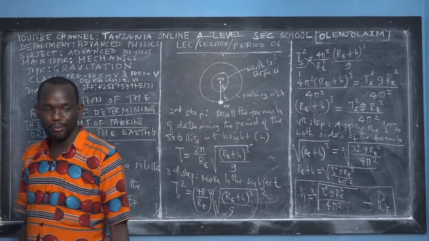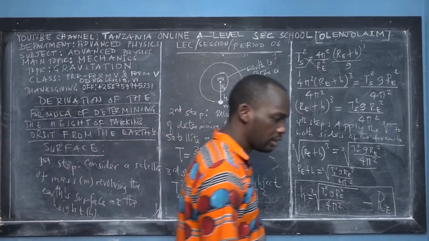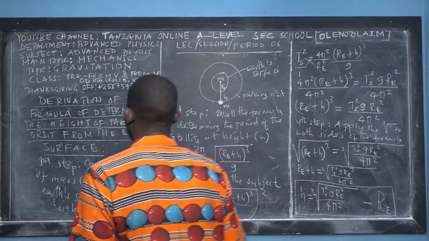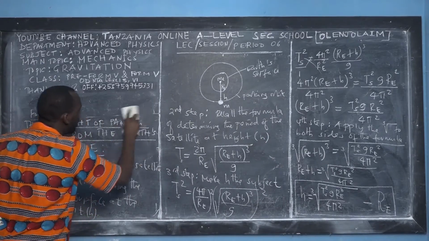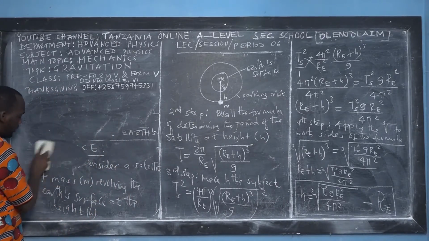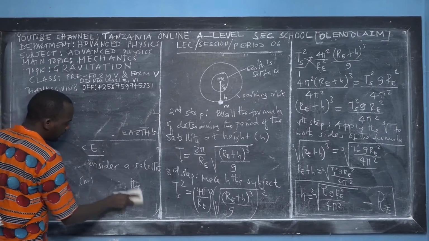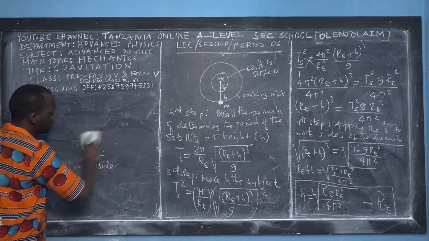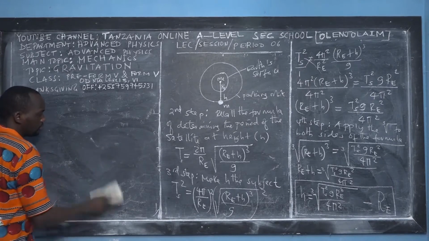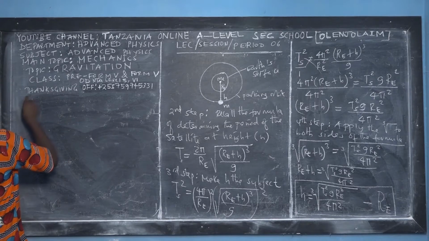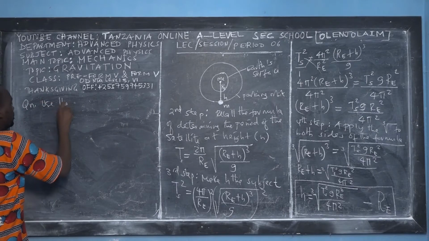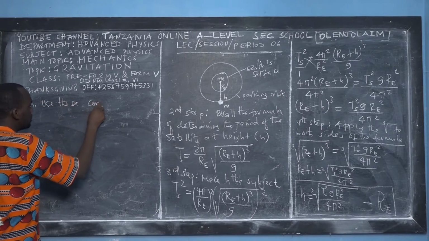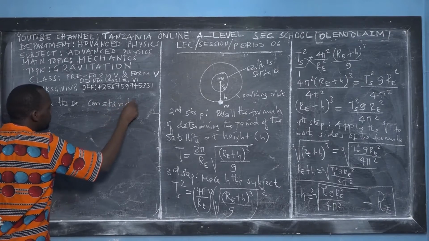Now you may have a question of using that formula to determine the height of the parking orbit, because it is very important for you to understand the concept. So we might have a question: use these constants.